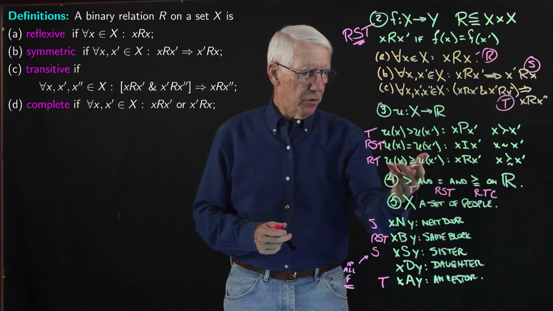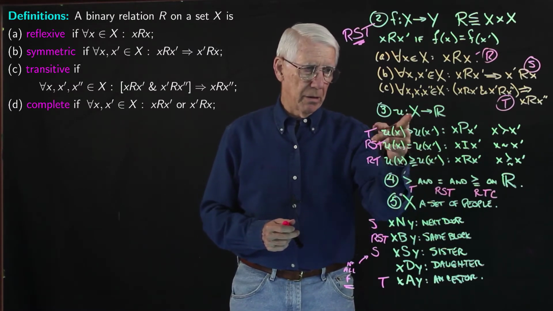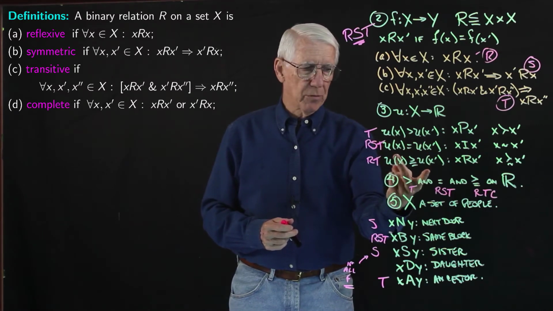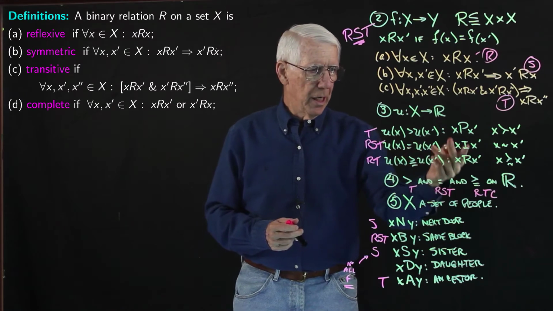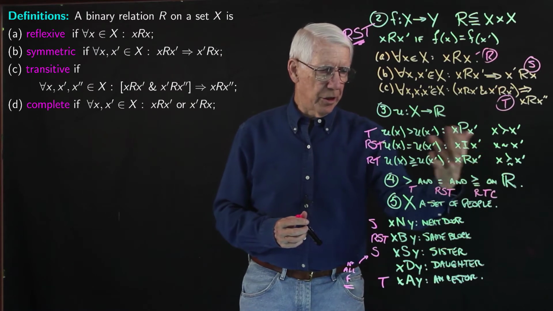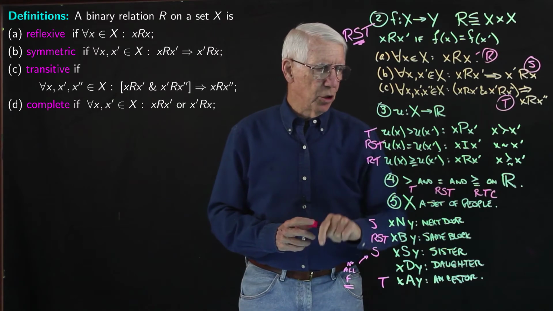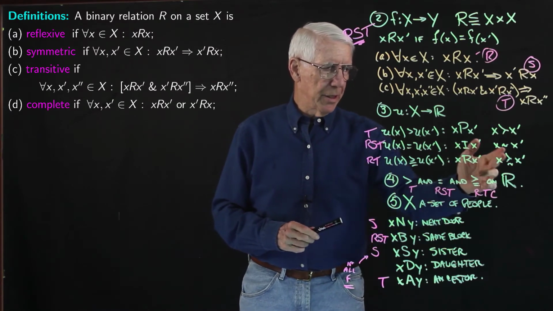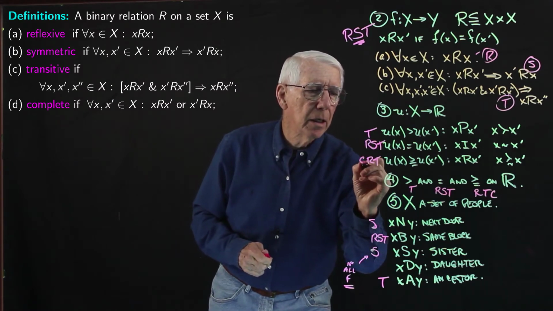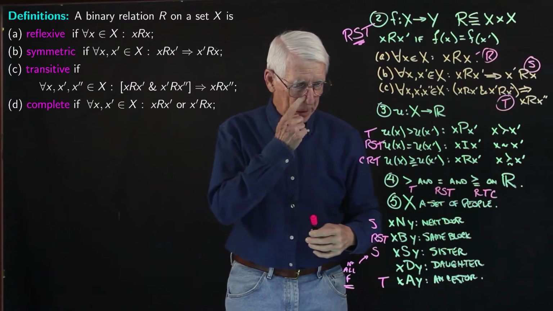So here, this relation would be complete because for any two alternatives, either u of x is greater than or equal to u of x prime or the reverse. And since the definitions here are in terms of the relation between u of x and u of x prime, this relation, whether we use this notation or this one, is complete. And I believe those are the only two relations here that are complete.